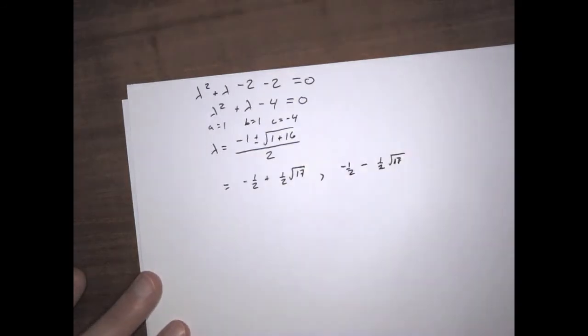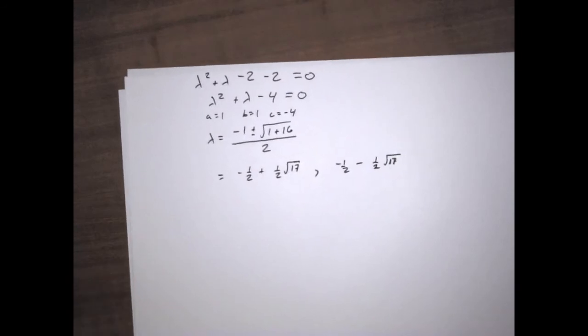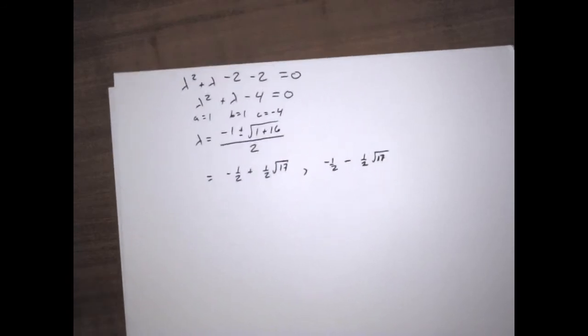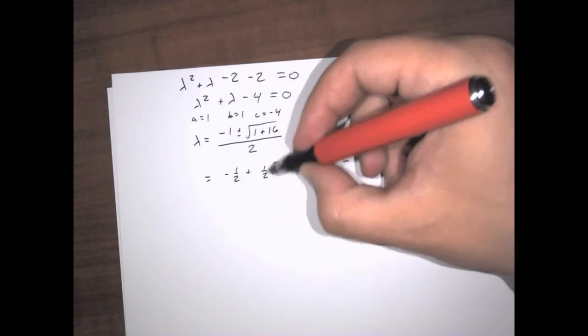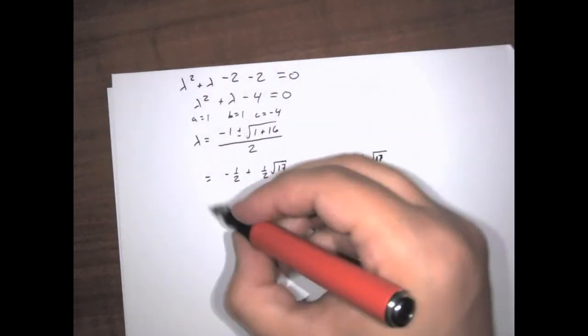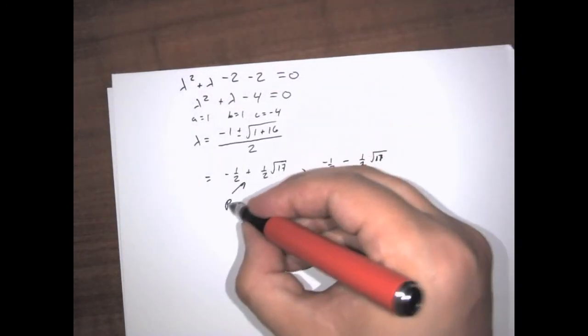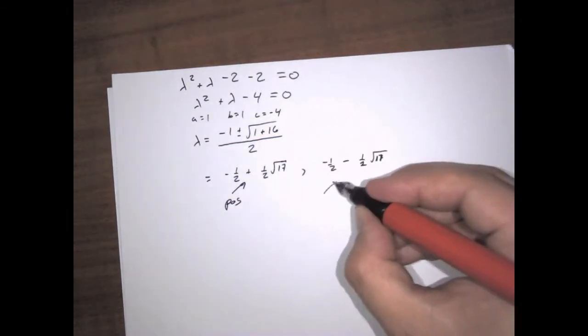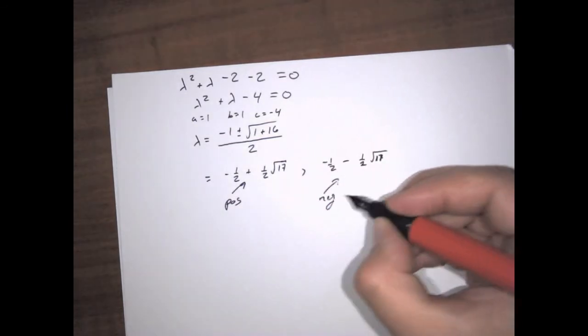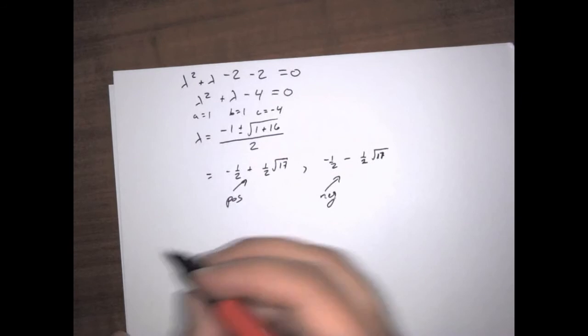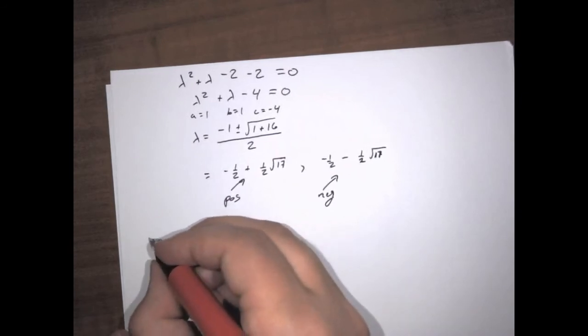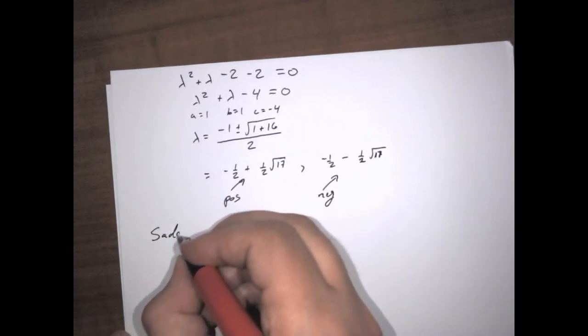Now, I know the square root of 17 is some number. It's going to be a little bit above 4, which means half of it is a little bit above 2, which means this one's going to be positive. This one's going to be negative, which means, since we have one positive and one negative eigenvalue, there's going to be a saddle point.